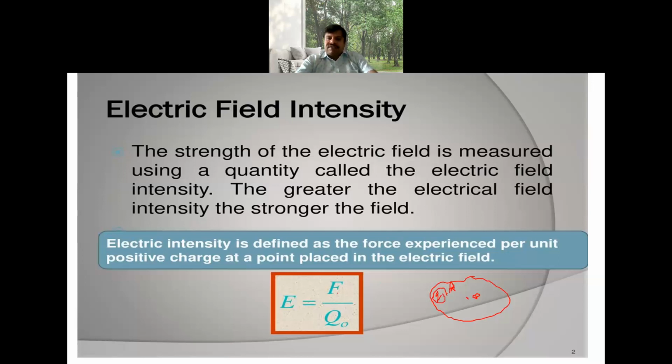That is nothing but the electric field intensity at that point. The electric field intensity units are Newton per Coulomb, as seen in the figure.